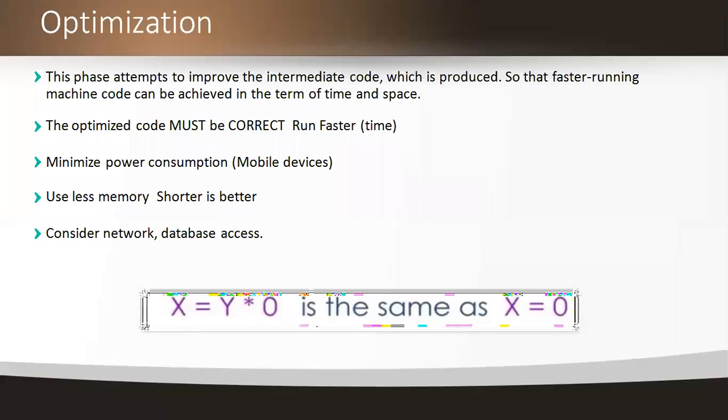How are we going to improve it? Just by minimizing the lines of code. So automatically the machine code that we generate should run faster. And if the code runs faster, then we can achieve two terms: one is time complexity, and the other is space complexity.